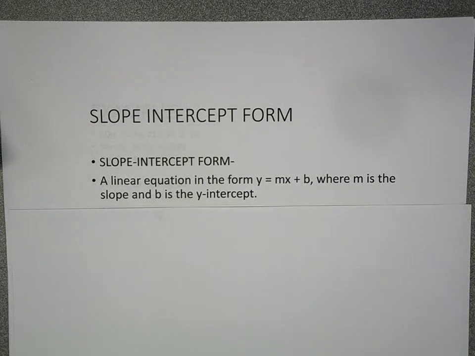But during that lesson, I told you that you'll hear about y-intercept a lot more. Well, this is why. It's because we'll see the y-intercept right here. Y equals mx, we were dealing with it in one of the last few lessons. So y equals mx plus b is called slope-intercept form.